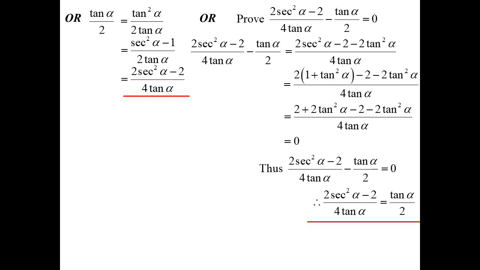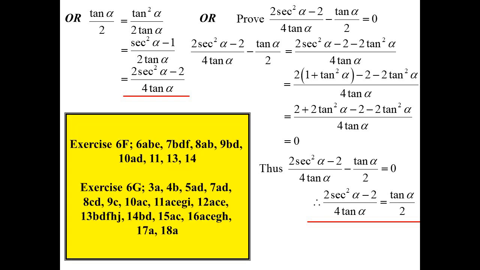Well, now that I know that that is true, now I can treat it like an equation. So now I move the tan alpha on 2 to the right-hand side, and there's my proof. 2 sec squared alpha minus 2 on 4 tan alpha is indeed tan alpha on 2. Okay, so 6F and 6G playing around with these trig identities.